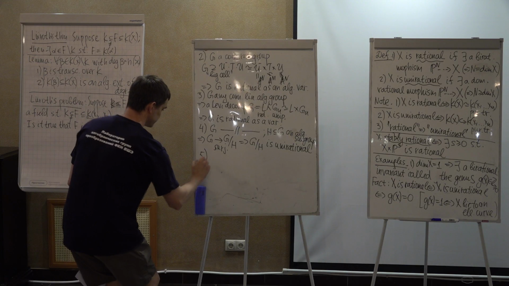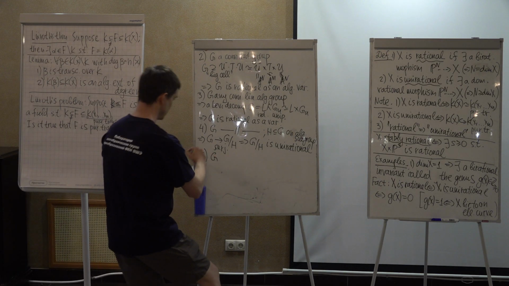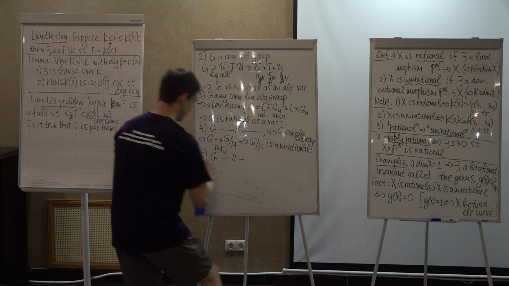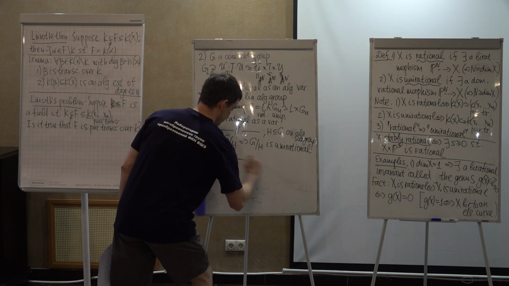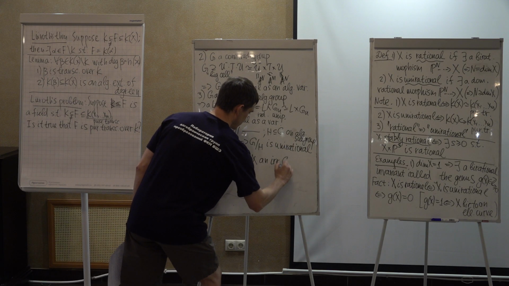And finally, the last example. So let's again take G to be as above, and X an irreducible G-variety.